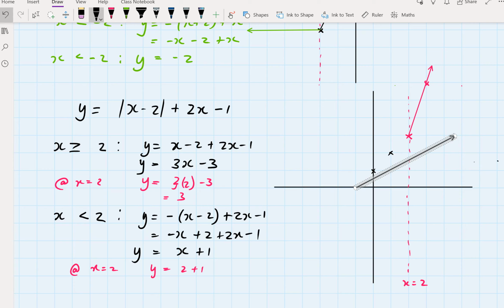No, that's wrong. Undo that. Let's try this again. It's going to run from there down here like that. And there we've got our graph of the modulus of x minus 2 plus 2x minus 1.